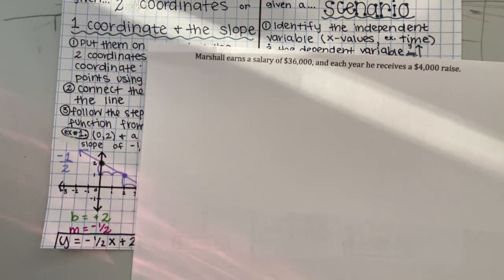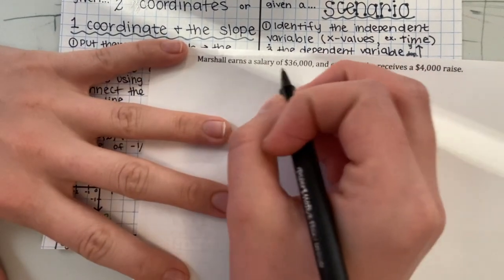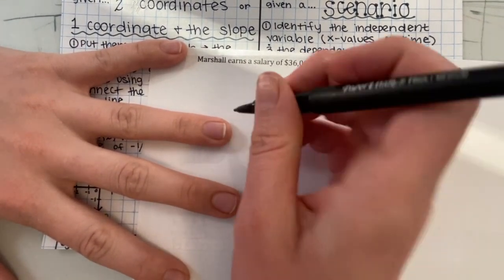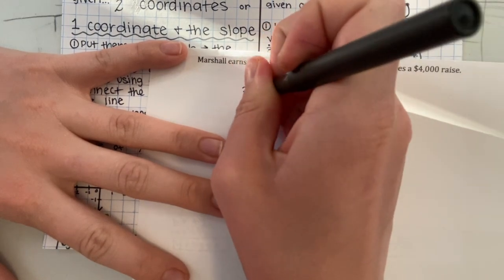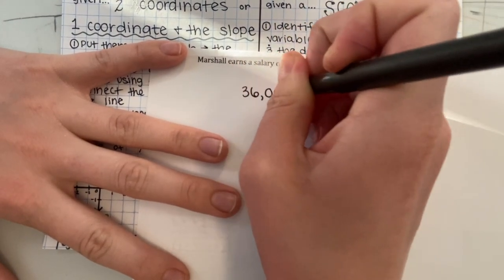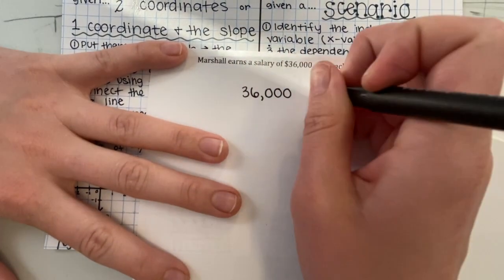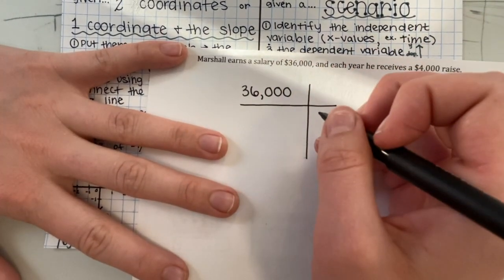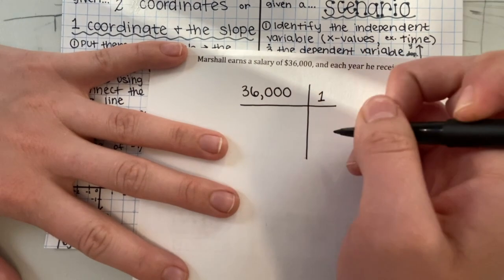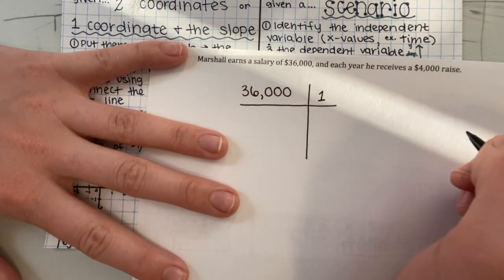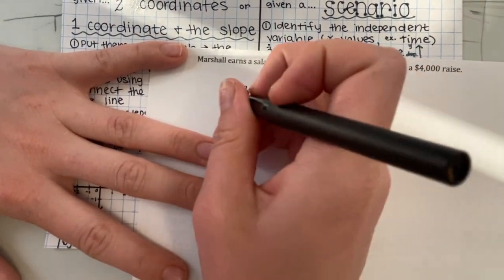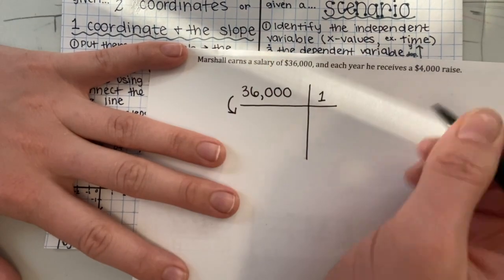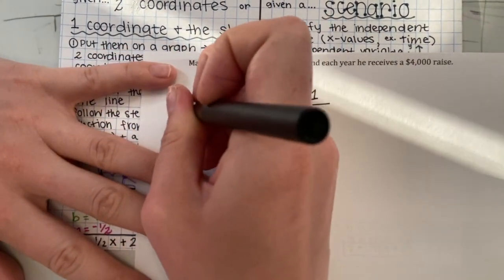So if I'm Marshall and my salary, my first year is $36,000, that's my starting point, right? So I've been at my company for 1 year. I have made that much money. I know I'm going to increase $4,000.